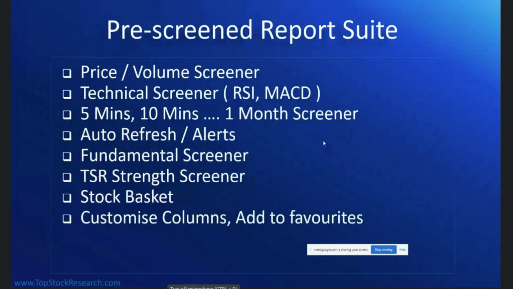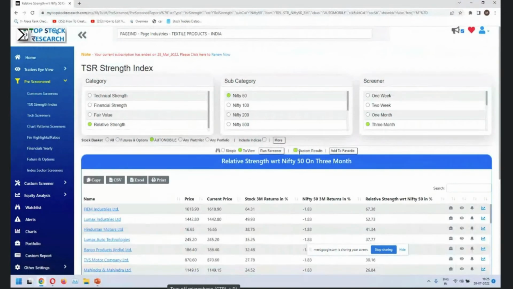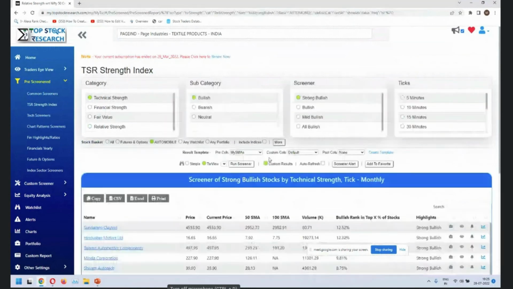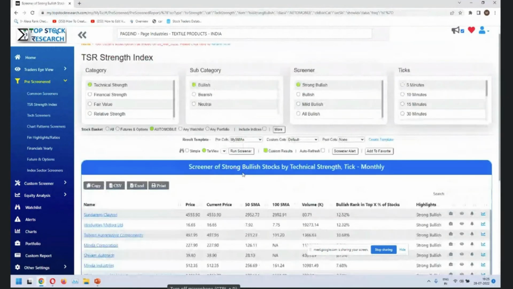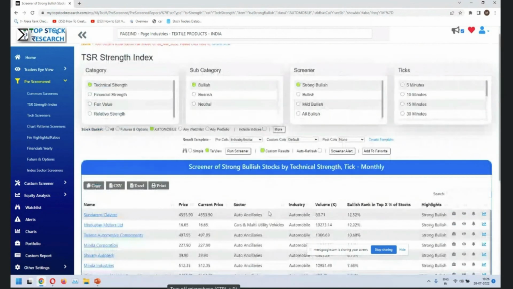What next? Customized column. Now, these are a certain set of columns that we show you here, right? If these columns are important to you, but you feel that a certain set of columns are more important to you, for example, you want to know industry and sector, you click here, and industry sector comes here as a preset of columns.